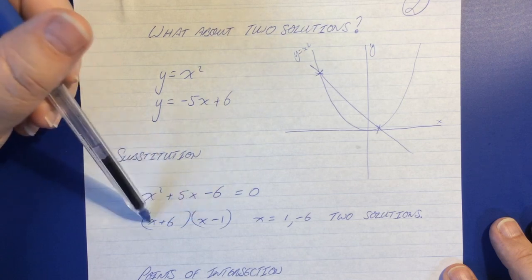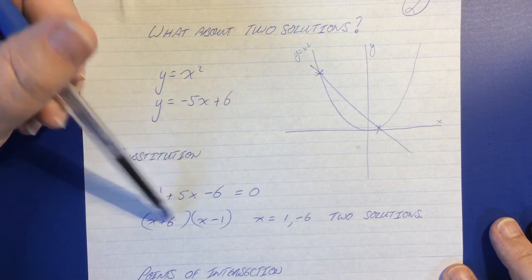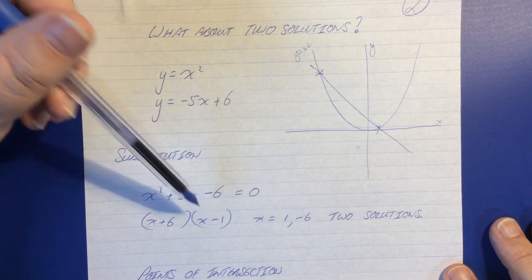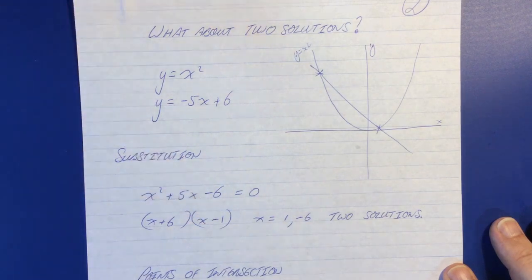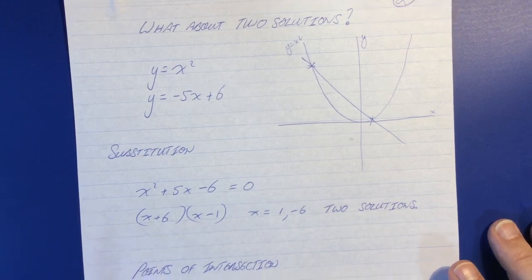When we factorize that, we get x plus 6 and x minus 1. That tells us immediately that we're heading for two solutions. And x is either equal to 1, this is the null factor law in operation, or x is equal to negative 6. Two solutions.